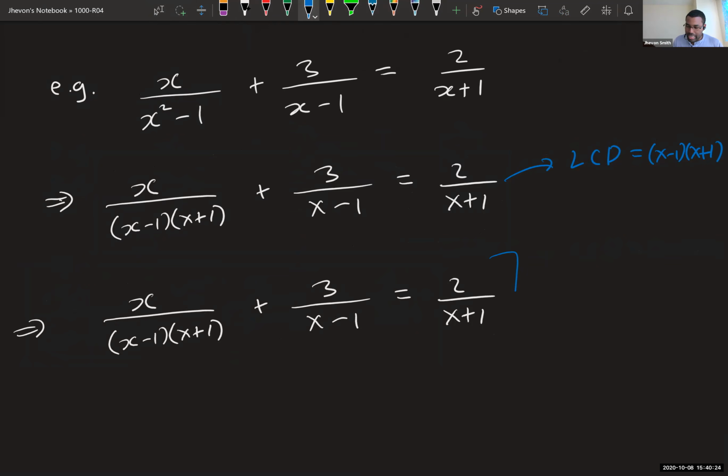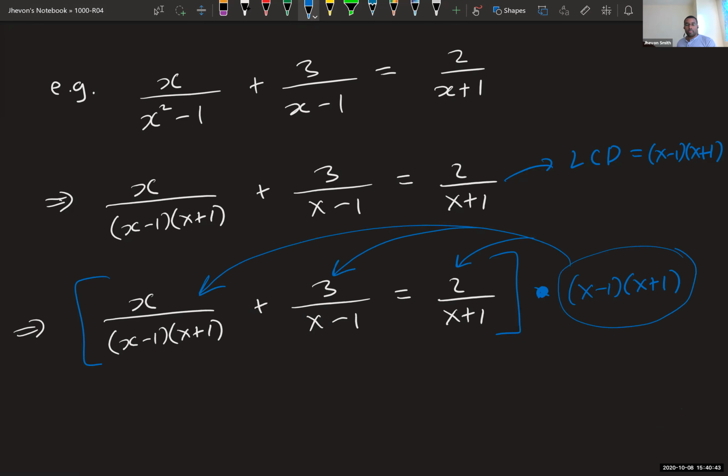So you're literally going to take the entire equation and multiply by, let's put a middle dot here, x minus 1 times x plus 1. You're going to multiply each term.